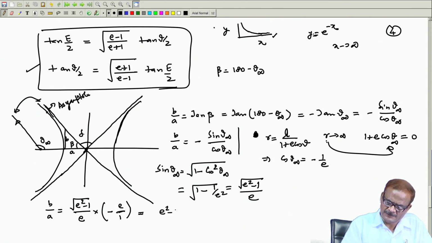This gets reduced to b equal to a times the square root of e squared minus 1.